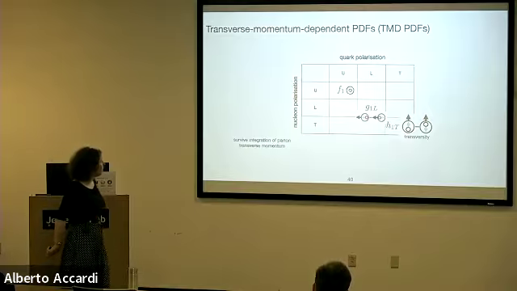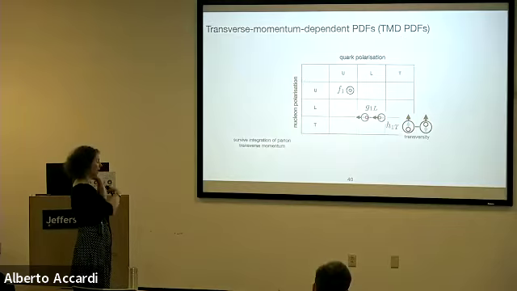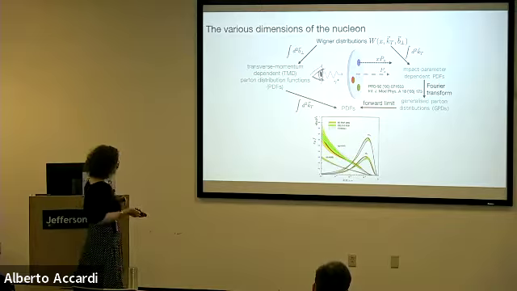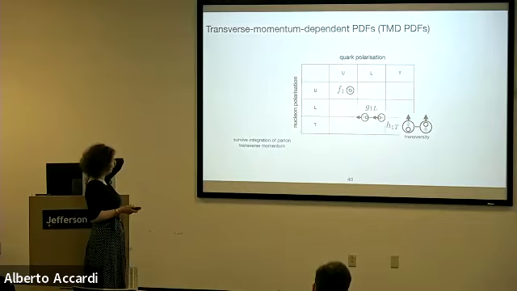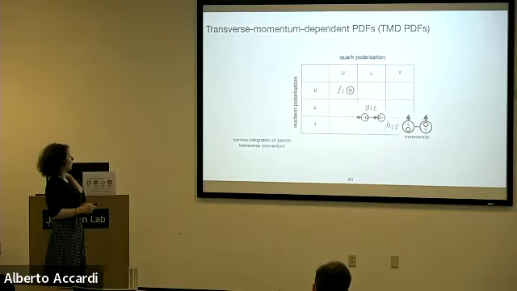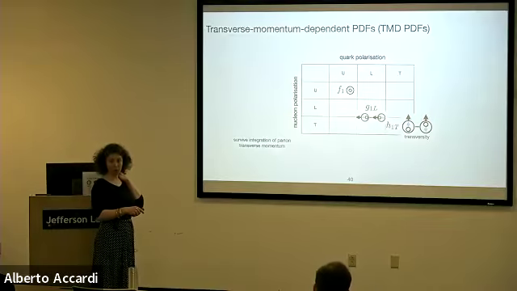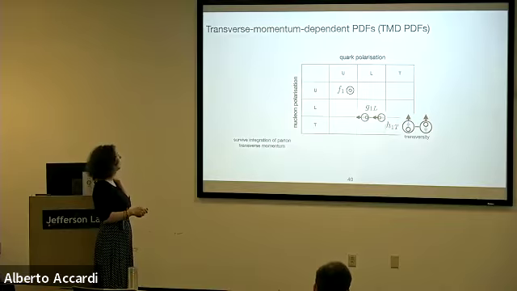Okay, so let me now first concentrate on the left side of the figure, so where we access these transverse momentum dependent parton distribution functions, or TMDs. So far, we have discussed the helicity distribution. So you look at the distribution of longitudinally polarized quarks inside a longitudinally polarized nucleon.